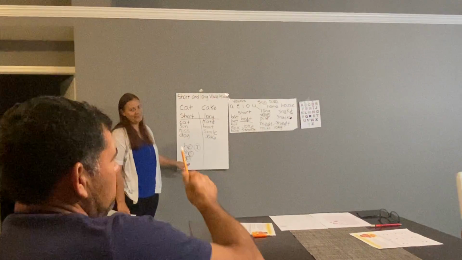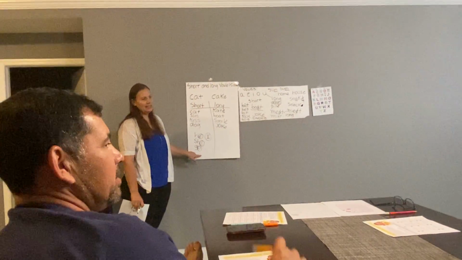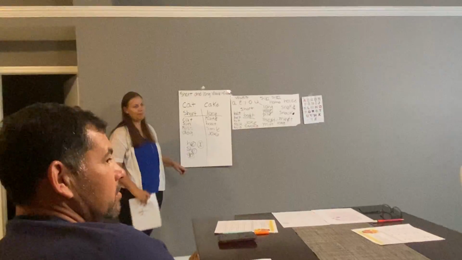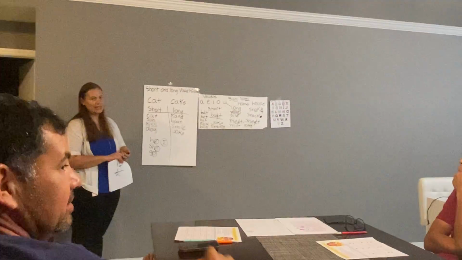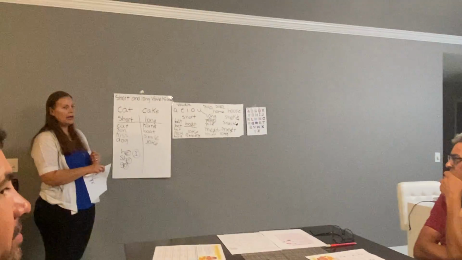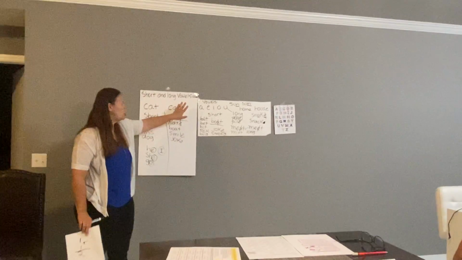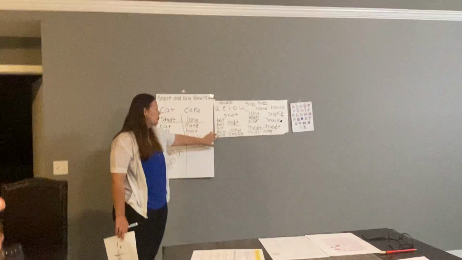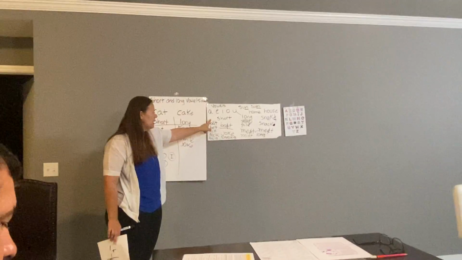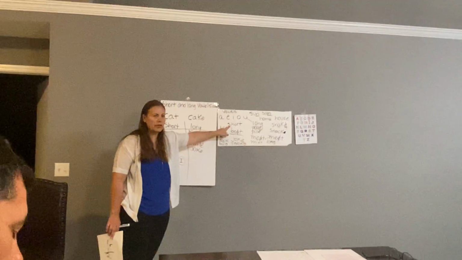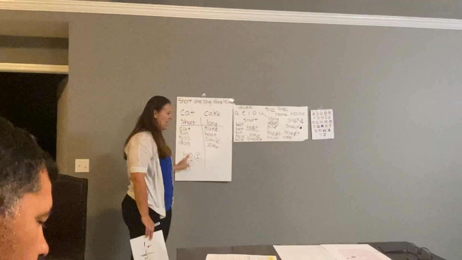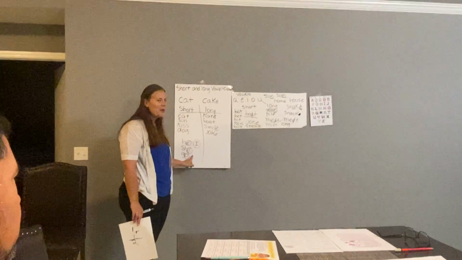You have to learn the sound of A, E, I, O. So far we talked about short vowel sounds. When you see one vowel in the word, we say it's short sound.